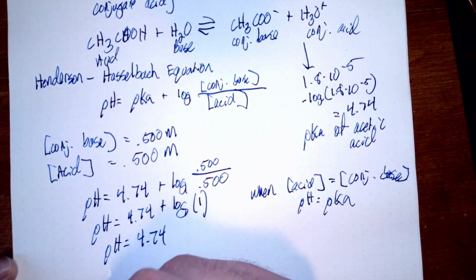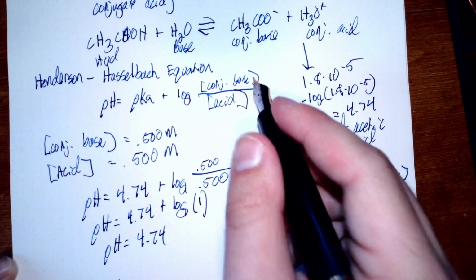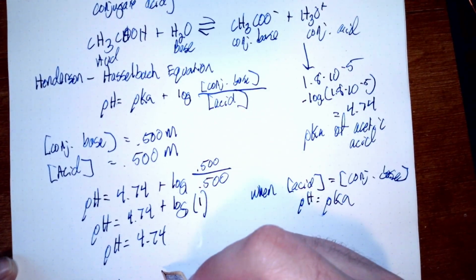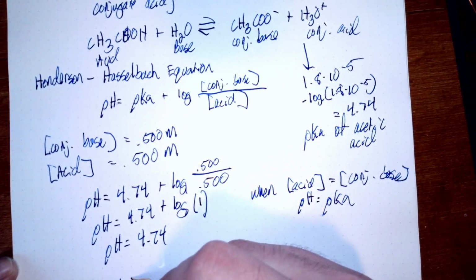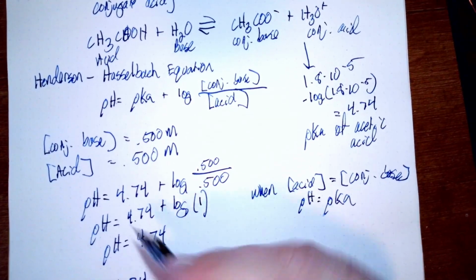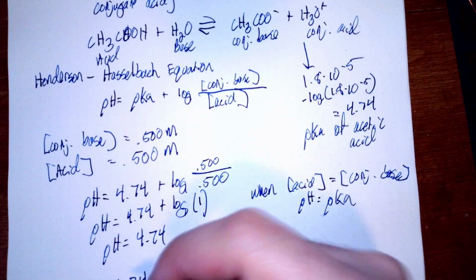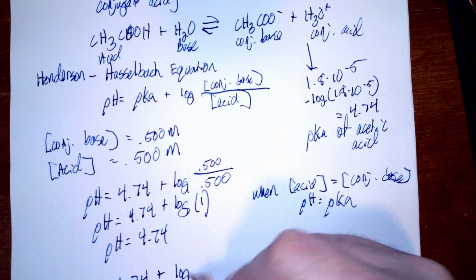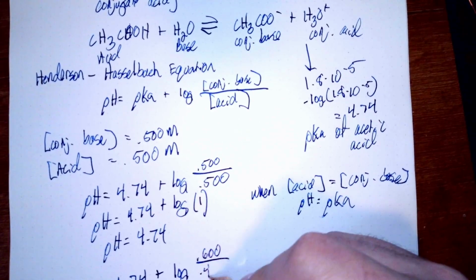All right, let's mix this up a little bit though. Let's say that I have 0.60 molar conjugate base, 0.40 molar conjugate acid. All right, pH is 4.74 plus log of 0.600 over 0.400.